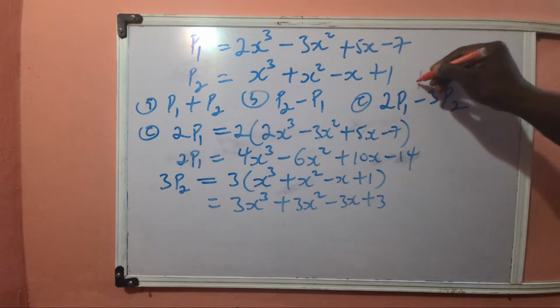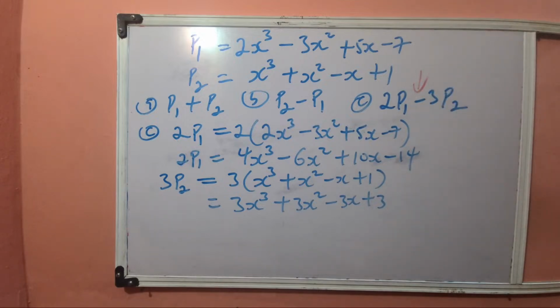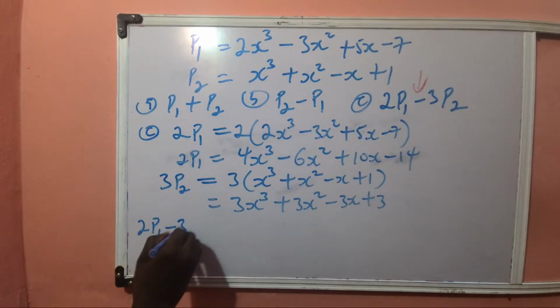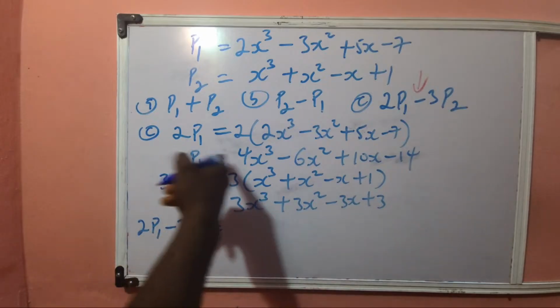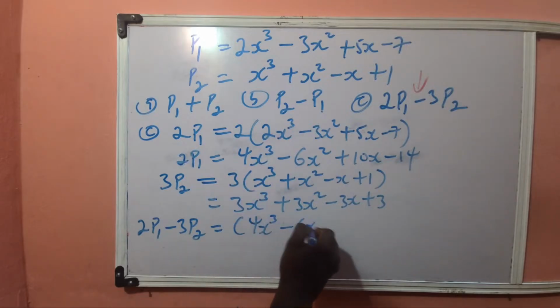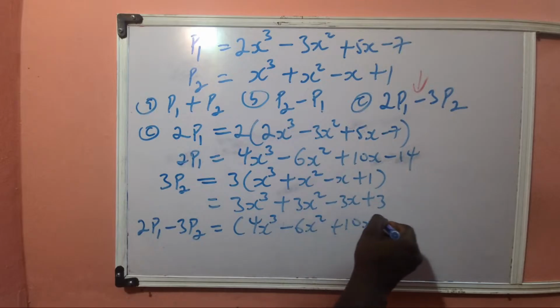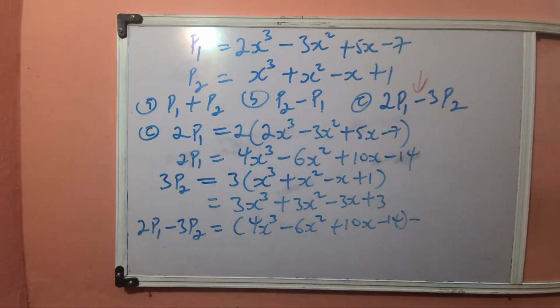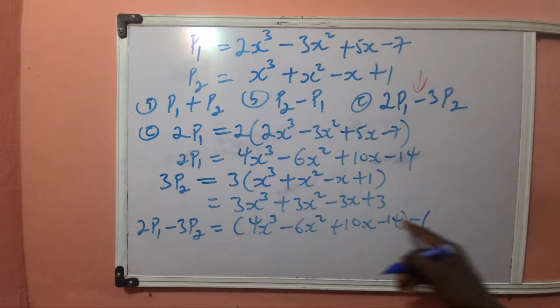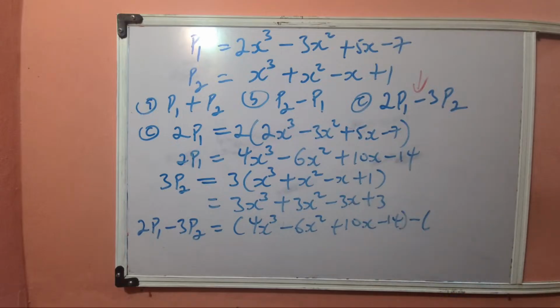So this is the next thing we now want to do. We want to go on to subtract these two polynomials. So now to find 2P1 minus 3P2, of course, you want to bring in your value for 2P1. That will be 4x cubed minus 6x squared plus 10x minus 14 minus, I told you to always use your brackets when dealing with polynomials, because you don't want to make the mistake of not using your minus for your bracket.